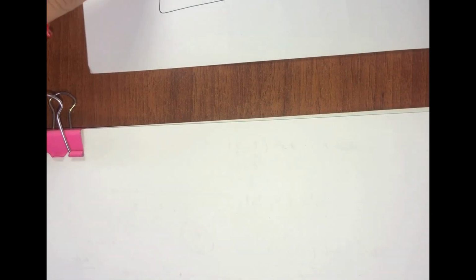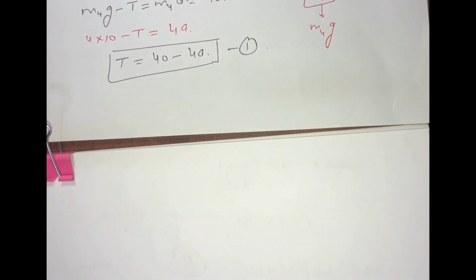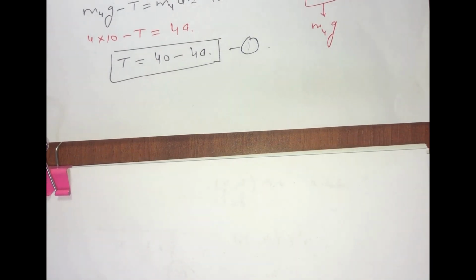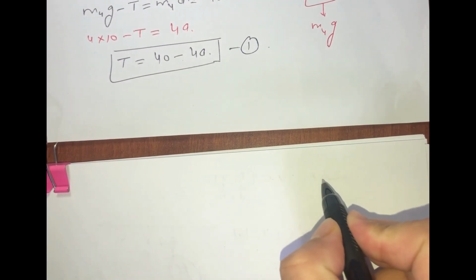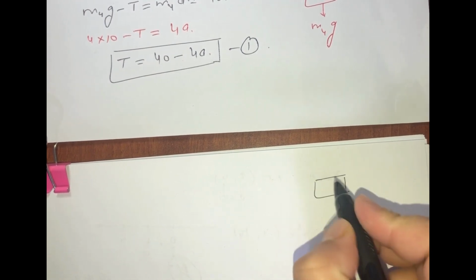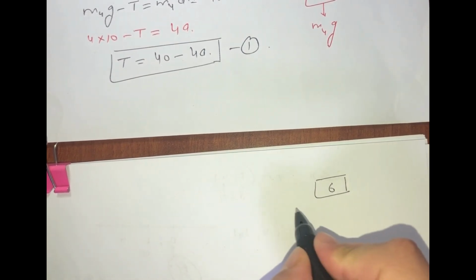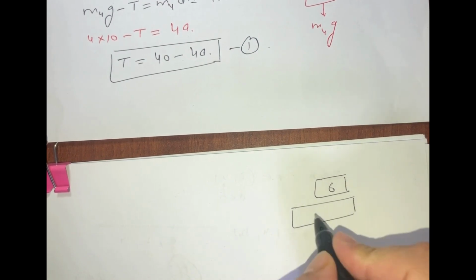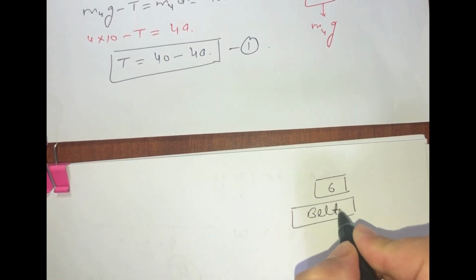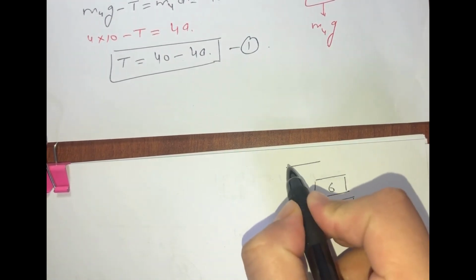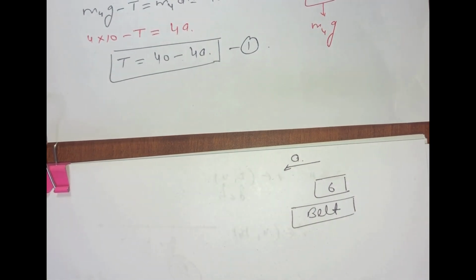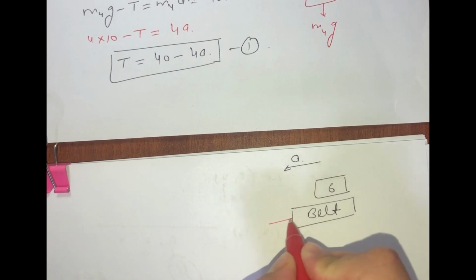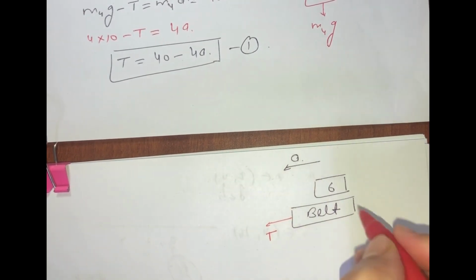Now let us consider the belt and 6 kg block and find out the direction of frictional forces. So both are moving. This is our 6 kg block and this is the belt, and both are moving in this direction with the acceleration a, and there will be tension T on the belt.